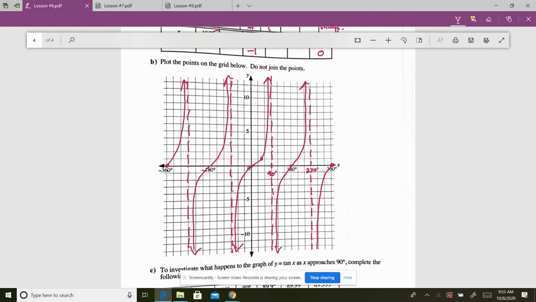That's a tan graph. Kind of weird looking.